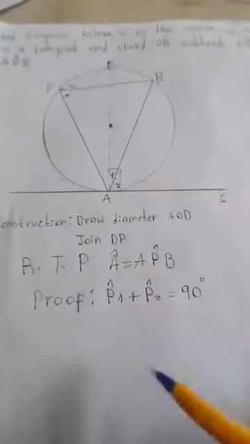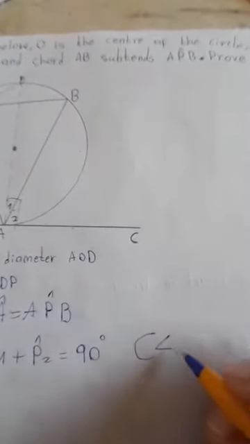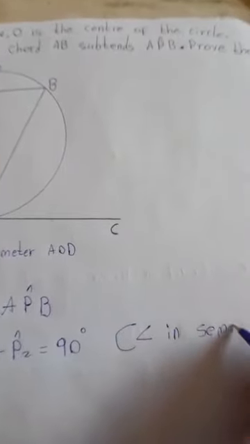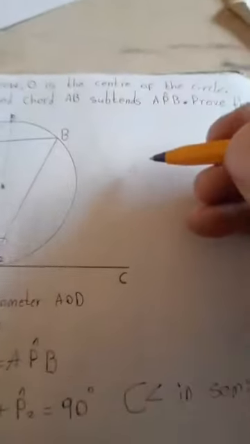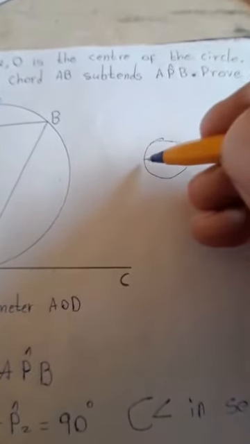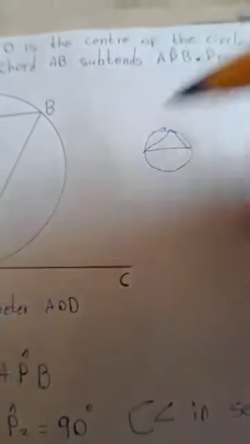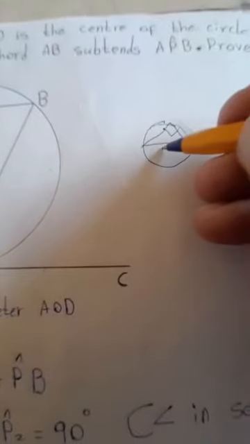Where were we? Proof. What did I say? Angle in a semicircle. And angles in a semicircle, like I said, did I even say it? Because sometimes I'll say, like I said, only to turn out that I didn't say anything.